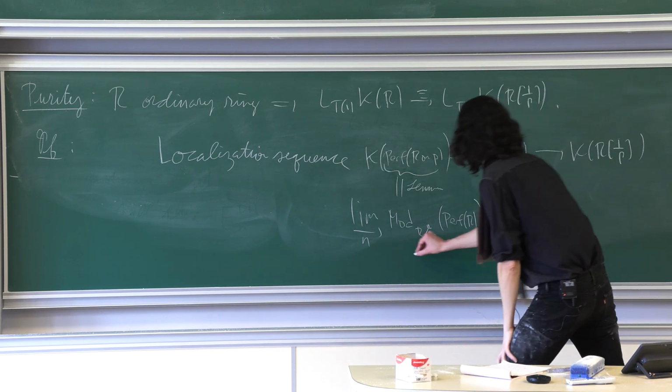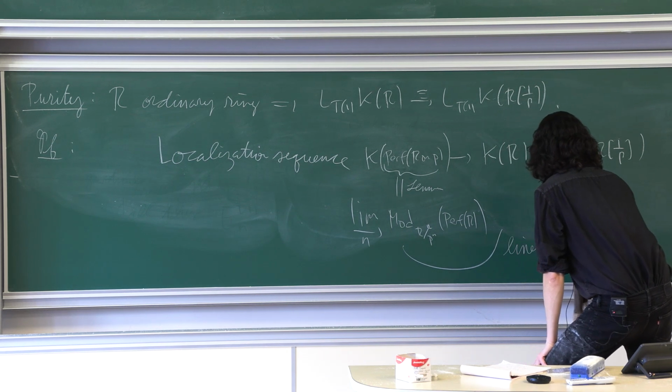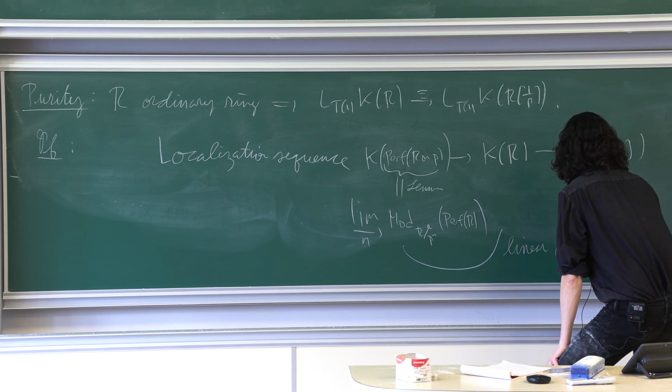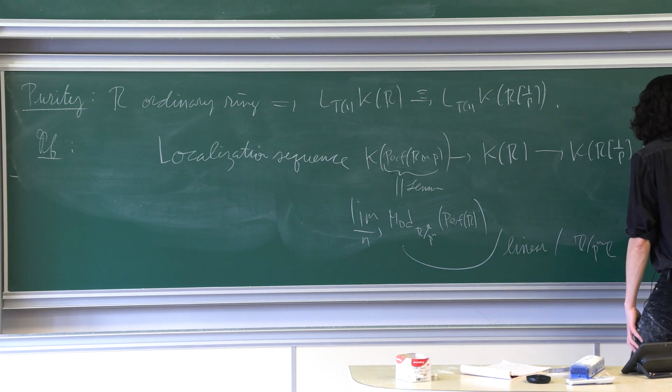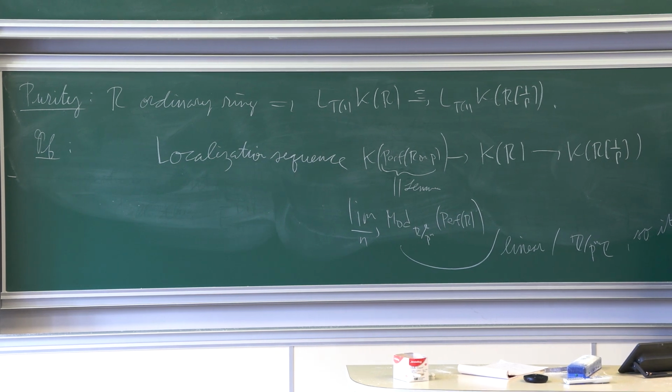Now, this category here is linear over Z mod p^n Z. So its K-theory is a K-theory of Z mod p^n Z modules.